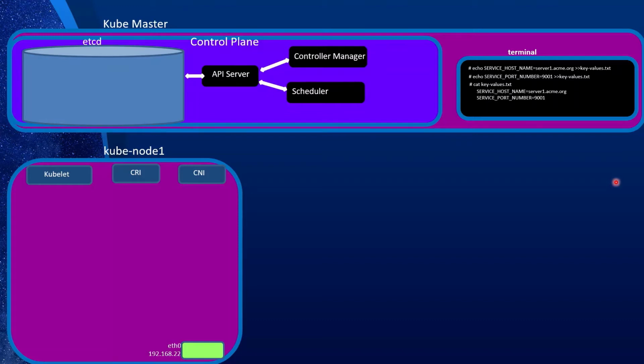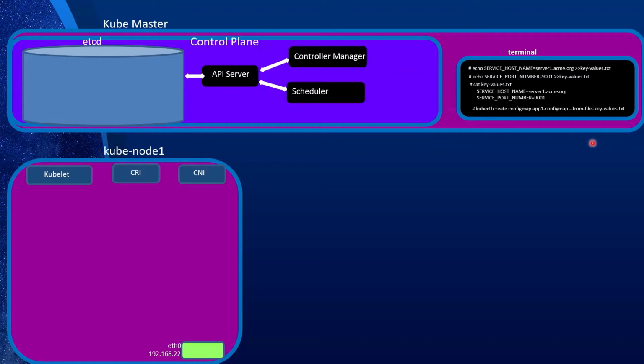The syntax is kubectl create configmap, the name of the config map that you want to create, and then --from-file equal to the name of the file that we just created. This is a very convenient way to create our configuration from a file rather than typing them one at a time through literals.